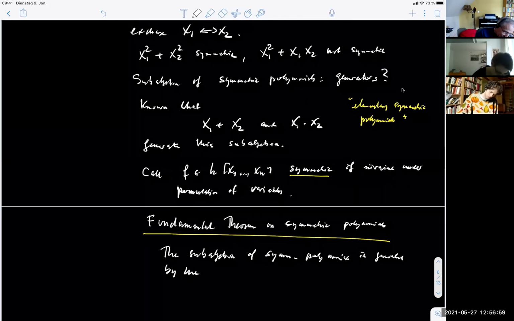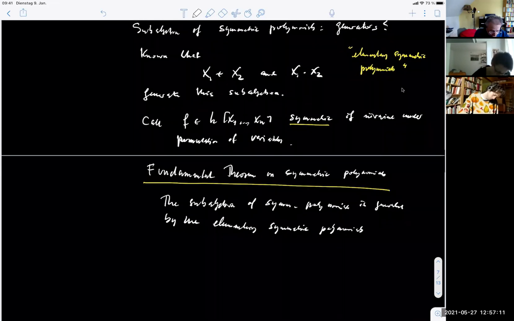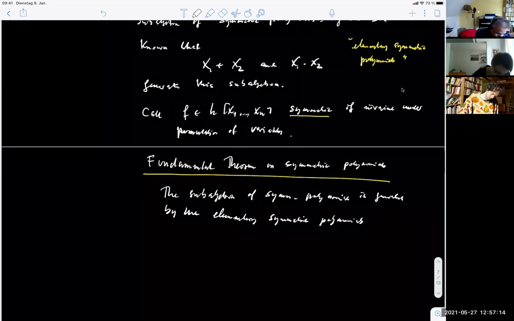And I have to define what they are in generality. So what are those? Let's write them.